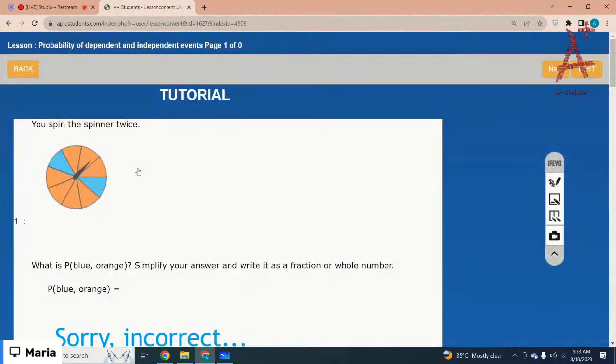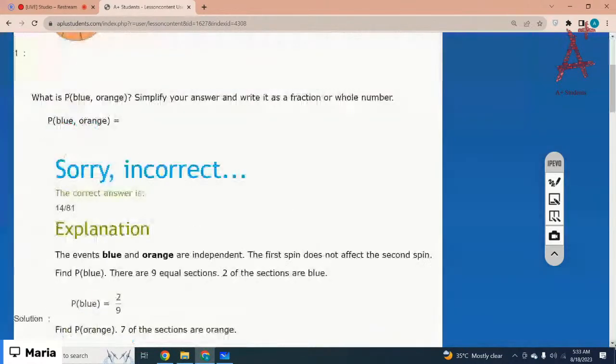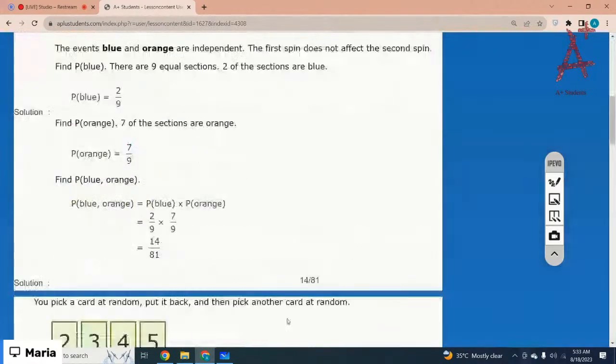So probability of blue is 2 out of 9 and probability of orange is 7 out of 9, right? The events are independent, so you have to multiply both the probabilities. 7 times 2 is 14, and that would be 14 over 81, right?